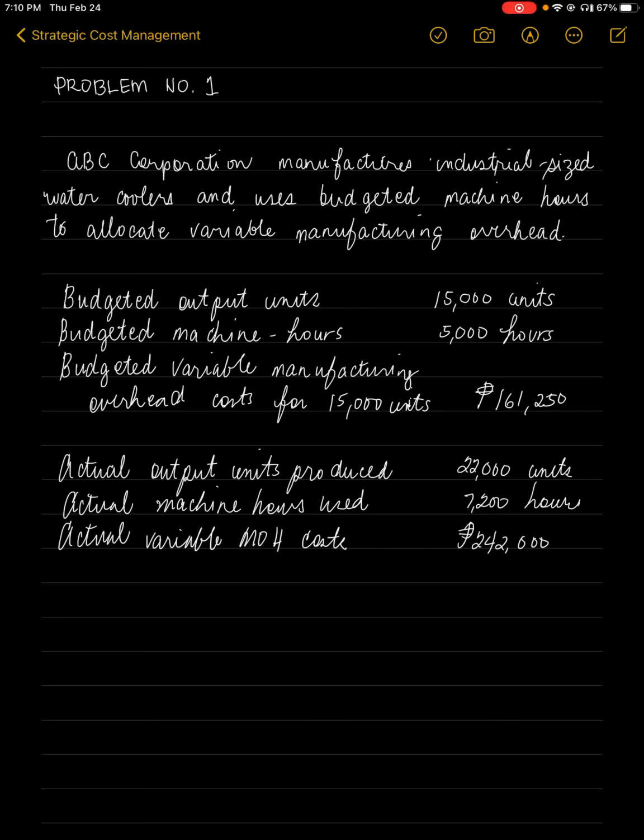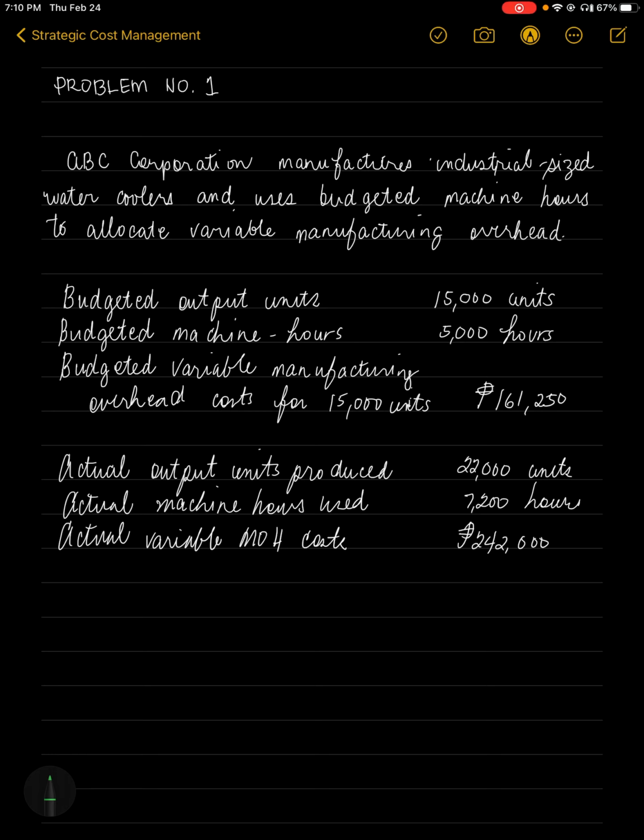ABC Corporation manufactures industrial-sized water coolers and uses budgeted machine hours to allocate variable manufacturing overhead. Our information are budgeted output units of 15,000 units, budgeted machine hours of 5,000 hours, budgeted variable manufacturing overhead cost for 15,000 units is 161,250.